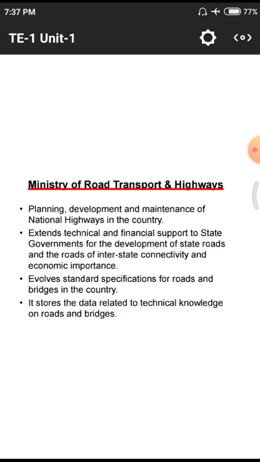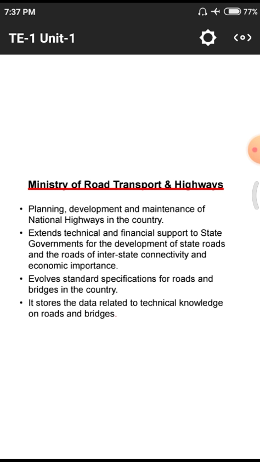If the roads are very good in our country, automatically our GDP increases, tourism increases, and industrialization increases. Automatically our country is developing well due to this increase in road transportation.